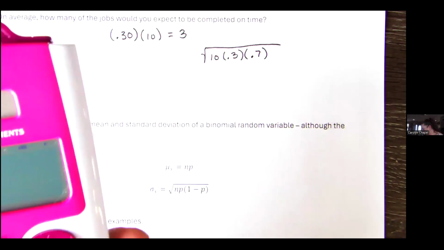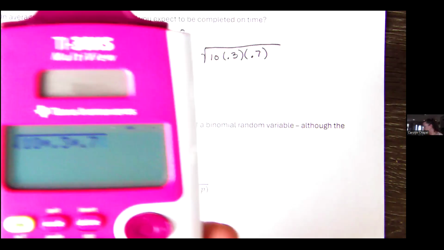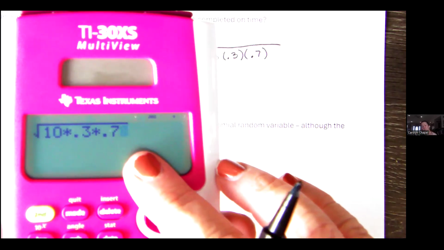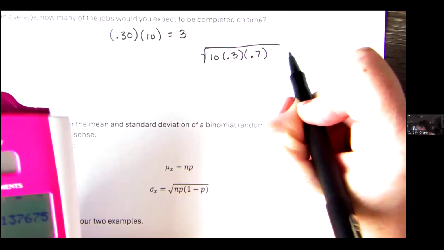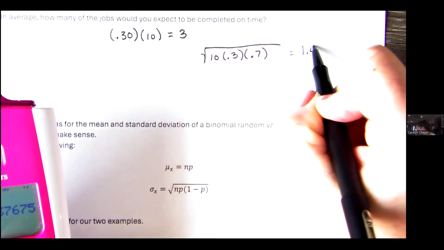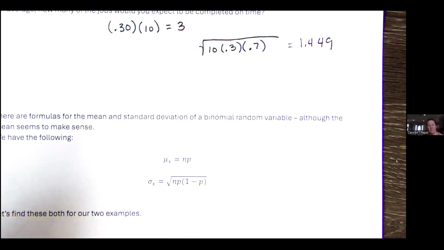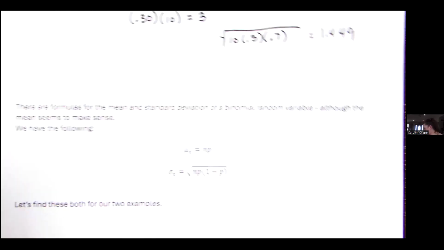I'm going to multiply 10 times 0.3 times 0.7. The default is to put all 3 of those underneath your square root, so make sure they are all underneath there. I get a standard deviation of 1.449. You could put as many decimals as your directions for the problem require.